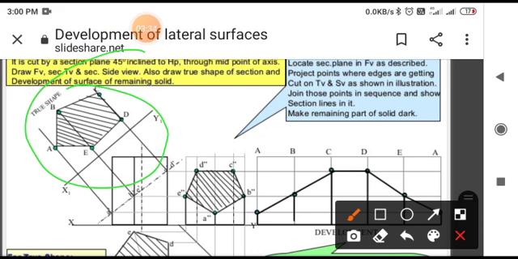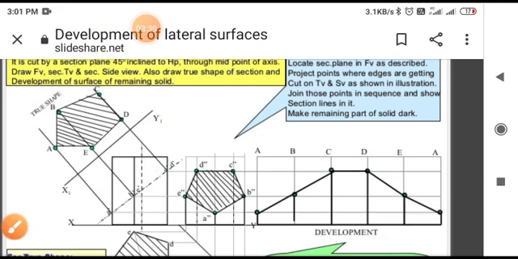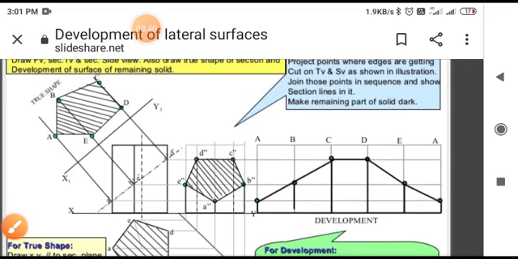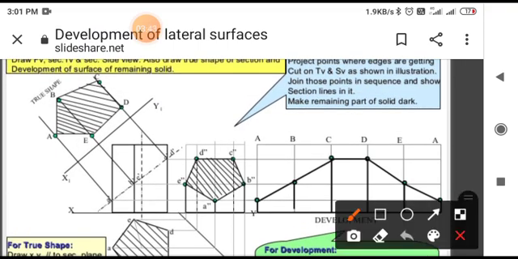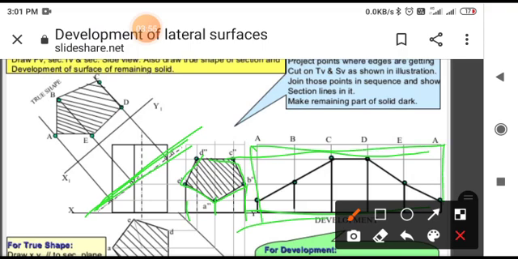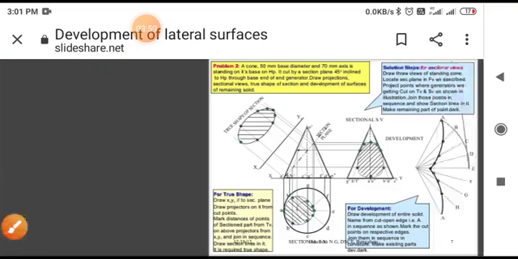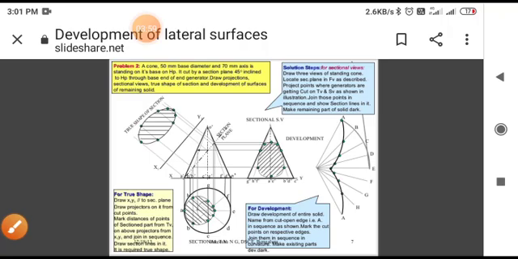Now as you can see here, a section is taken along this sectional line. It is also called a sectional plane. The next front view is also shown over here, and the surface is developed in this way. How to develop these surfaces, we have seen that.